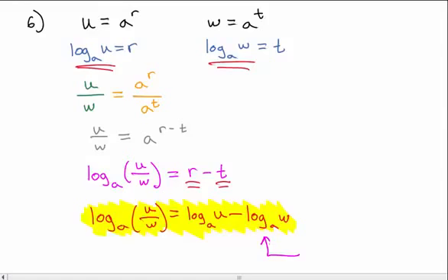And where do negative exponents end up? On the bottom of a fraction. So this property just makes sense all around when you think about it in terms of the fact that a log is an exponent. Negative exponents go on the bottom. Division, we subtract exponents. It just all works.